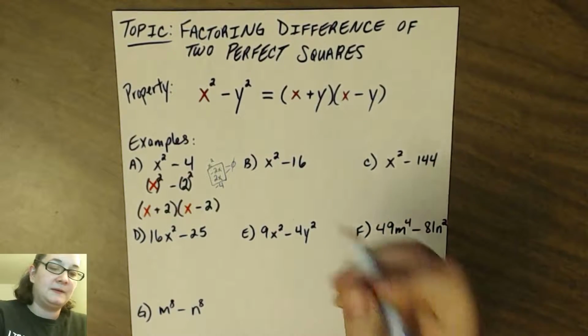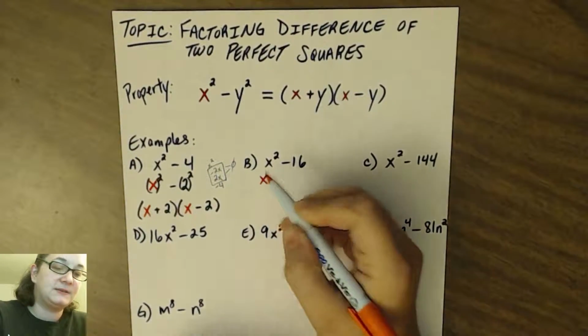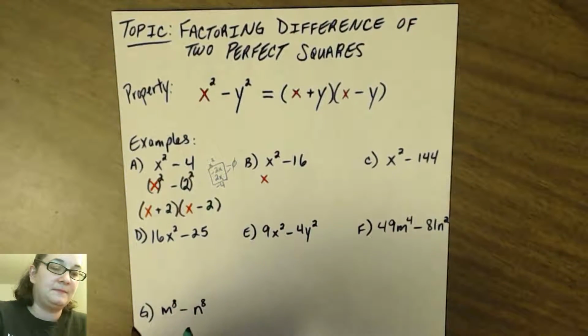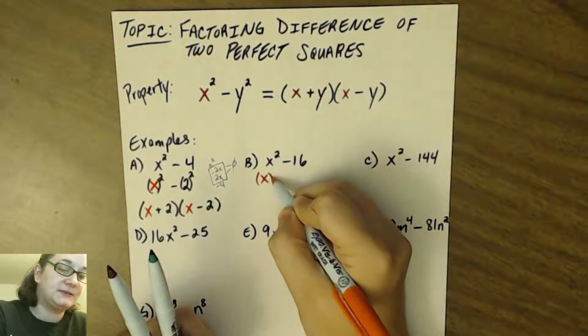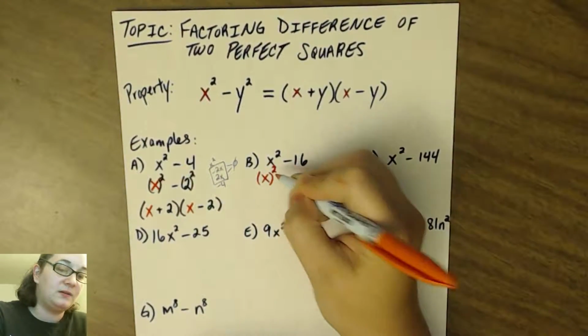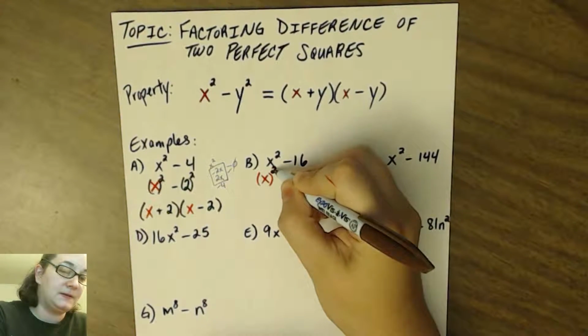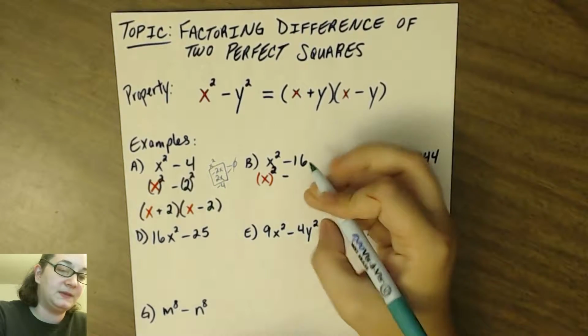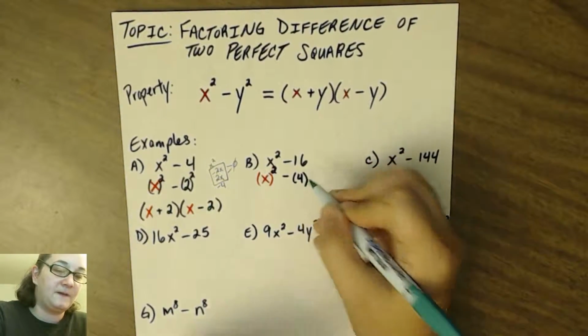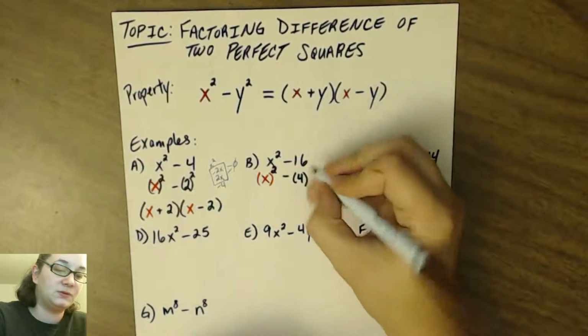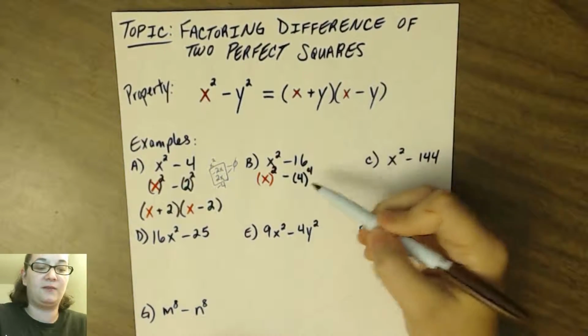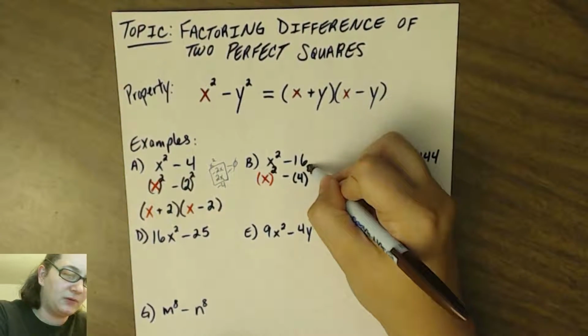So again, my base of the first one is x. So I have this x squared minus 4 squared. I want to double check, I don't know why I wrote 4 there.